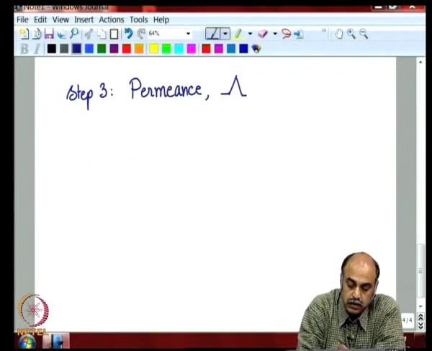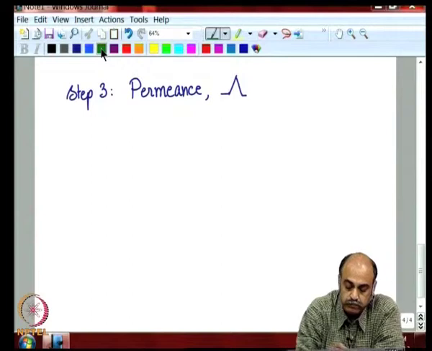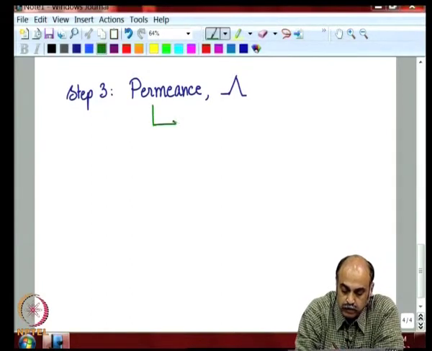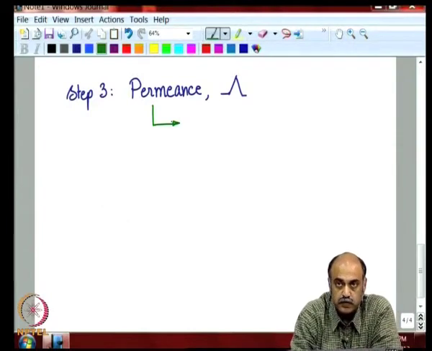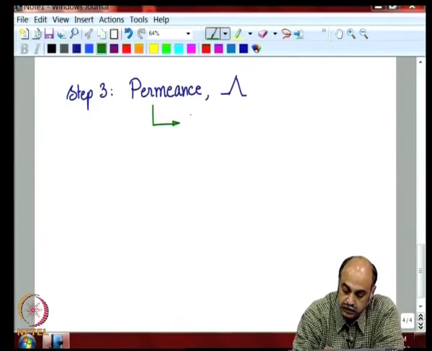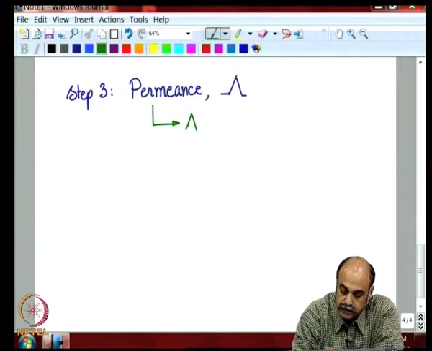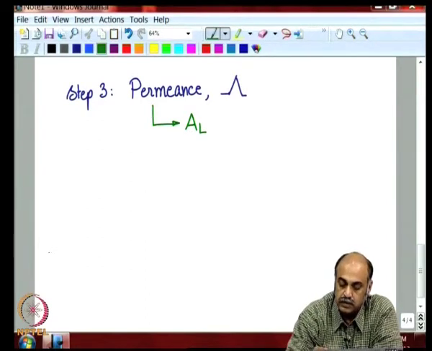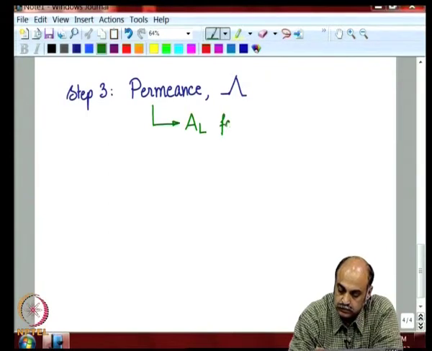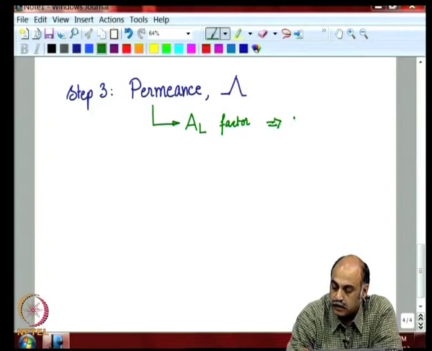So, if you are using a core where it is made specifically for inductor application, the manufacturer will give in their data sheet a factor called the AL factor, in nanohenry per turn square.